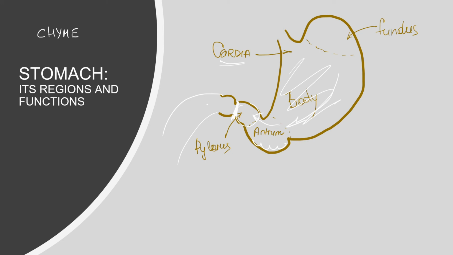Or if the chyme is excessively acid, as I've told you before, it is bad for the duodenum. Or it contains too much unprocessed protein or fat, or it is hypotonic or hypertonic, or it is irritating. So anything that is bad for the duodenum inhibits the stomach emptying.